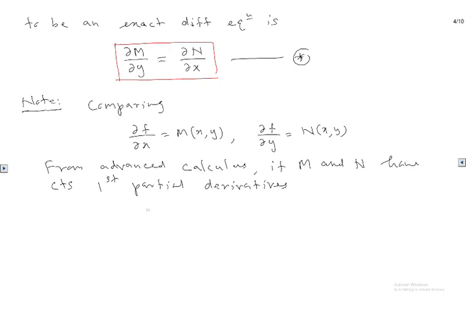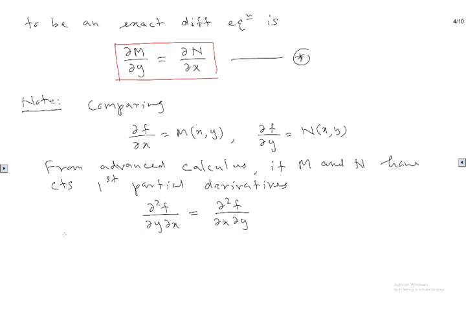So ∂²f over ∂y∂x is exactly equal to ∂²f over ∂x∂y. The mixed second derivatives are equal. Even if you change the order, they are the same. That's what we're going to use here.